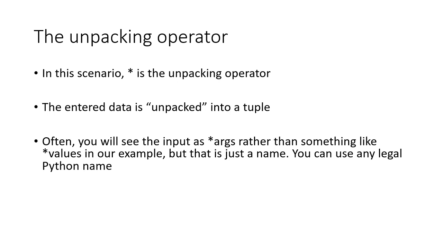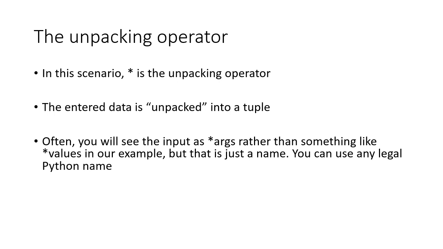And so often if you see this somewhere else, the input using the unpacking operator has the parameter name of args for arguments, but that's just a name, and so we can do anything that we like that's appropriate for the context. So if you want to use args, that's perfectly fine. Again, that's what you see often in examples, but it can be any name.